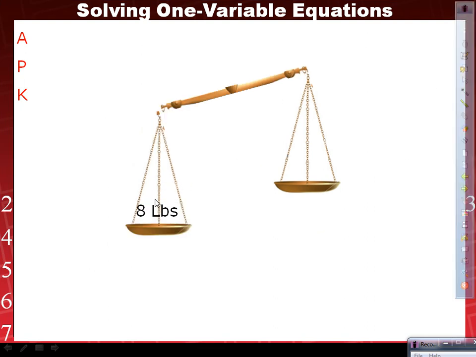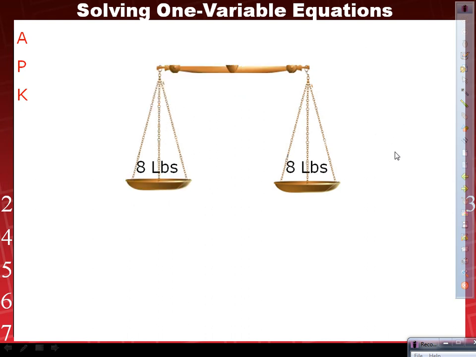It's going to drop, right? Well, in order for them to know where to stop, what needs to be on this side? 8 pounds. So that's the counterweight. They need to add 8 pounds. And that's where last year your teachers told you whatever you do to one side, you do to the other side. You remember that? Kind of, sort of?